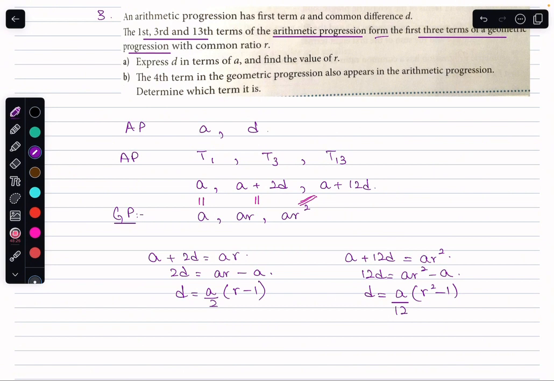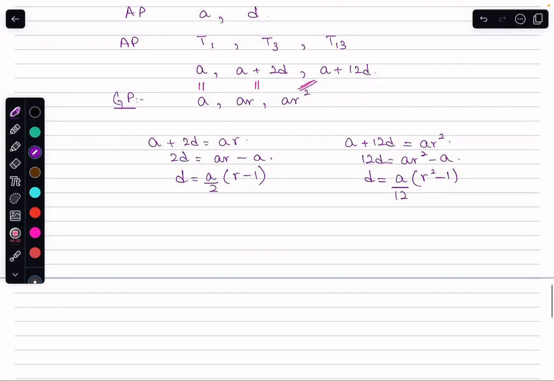Now I need to have the value of r. To do that, I'll be equating both the equations for the common difference, and I can say that this is basically a by 2 times r minus 1, which shall be equal to a by 12 times r squared minus 1 here. So I can see that a is getting simplified, and 2 and 12 also get simplified by 6.